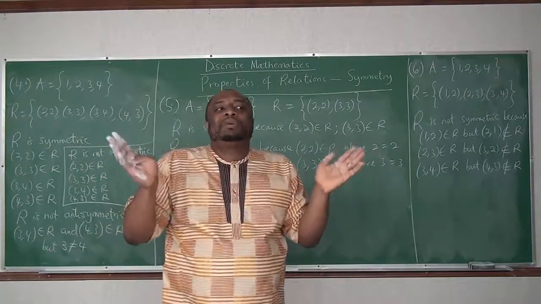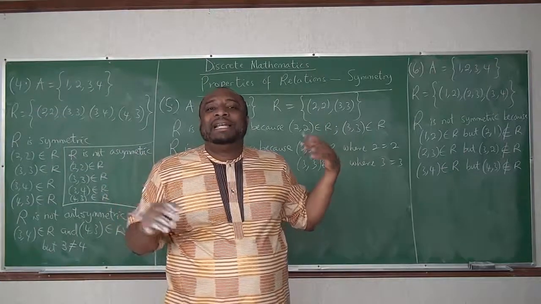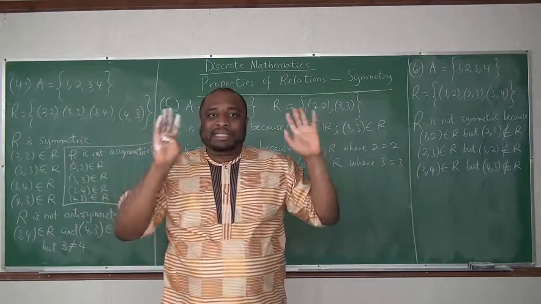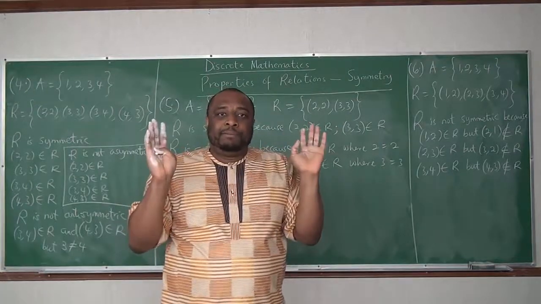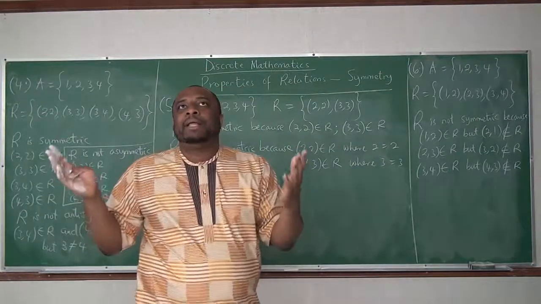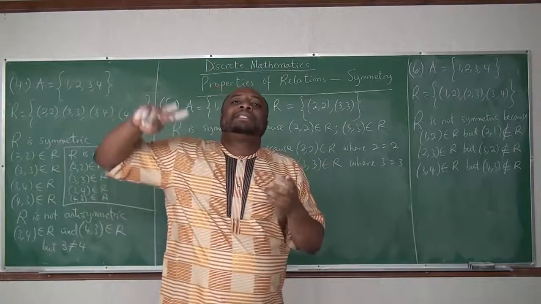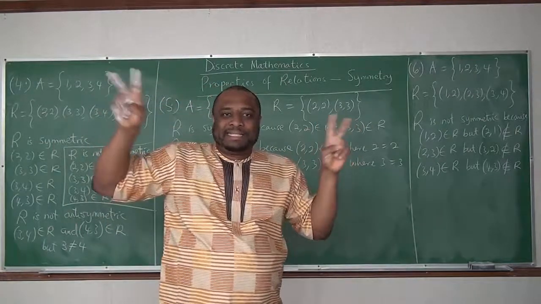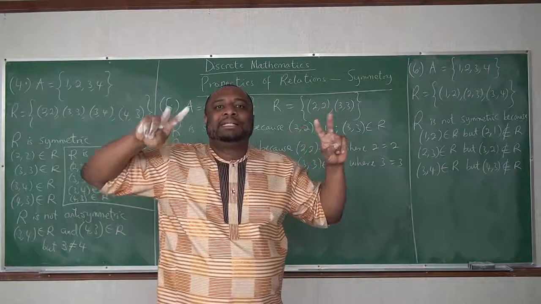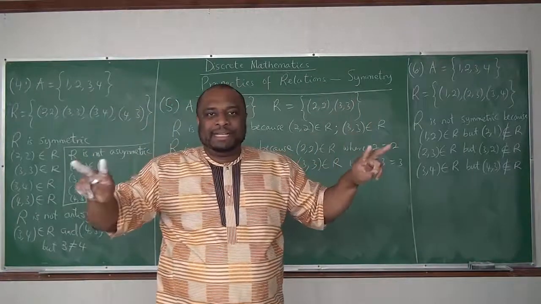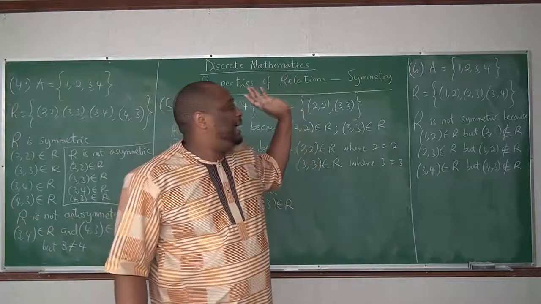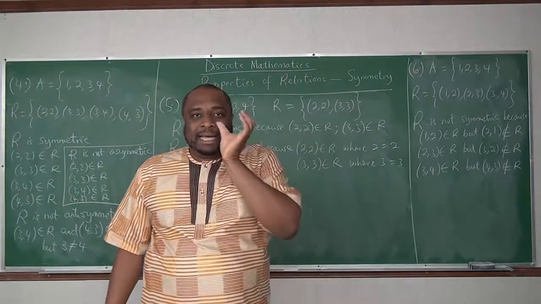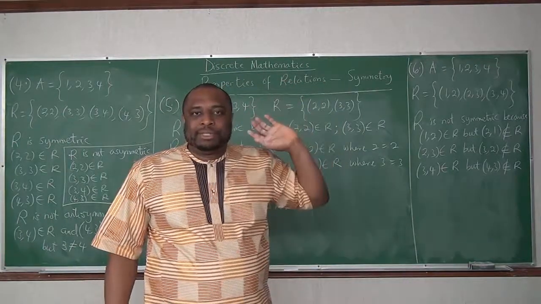So with antisymmetric, you could say here that it is antisymmetric because it lacks sufficient information. Antisymmetric means you should have both cases, and in that case the two elements must be the same. Well, you don't have both cases here, you don't have counterexamples.